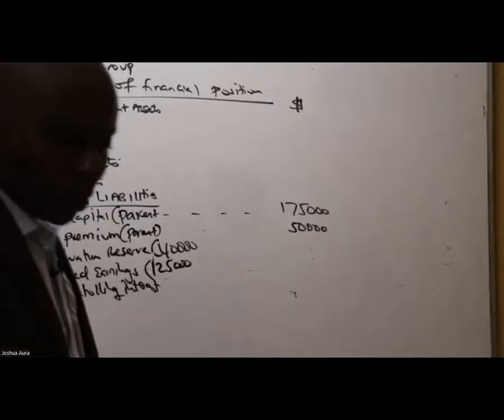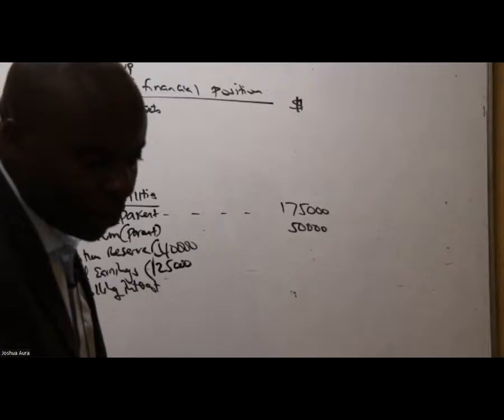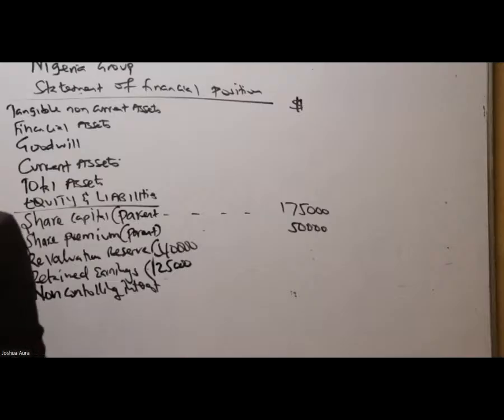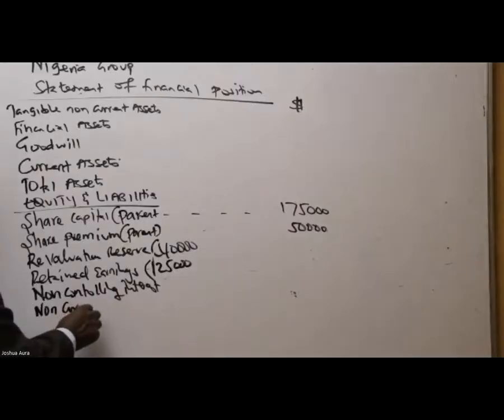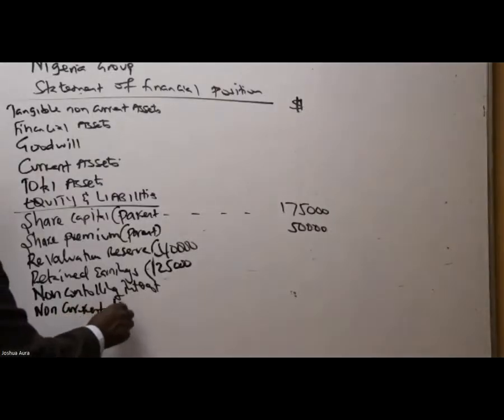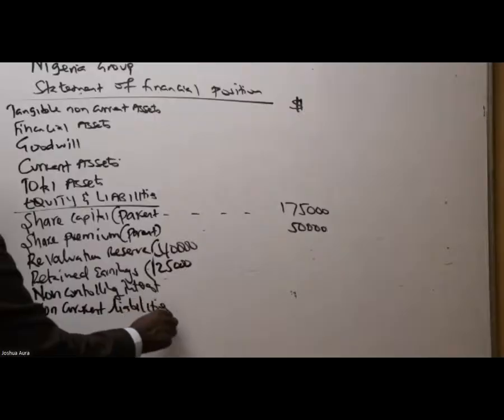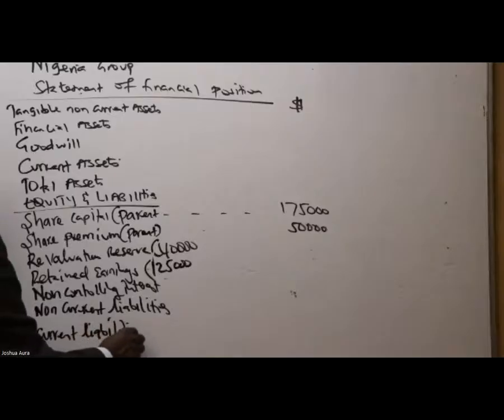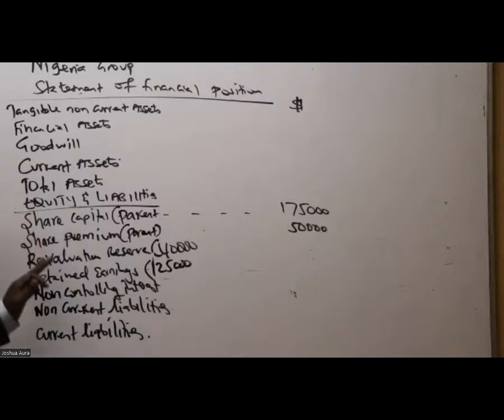So on liabilities, ladies and gentlemen, what we have here is non-current liabilities, and then we have current liabilities. Later on, I'll be bringing in the concept of a foreign exchange reserve, but let's do without it for now.